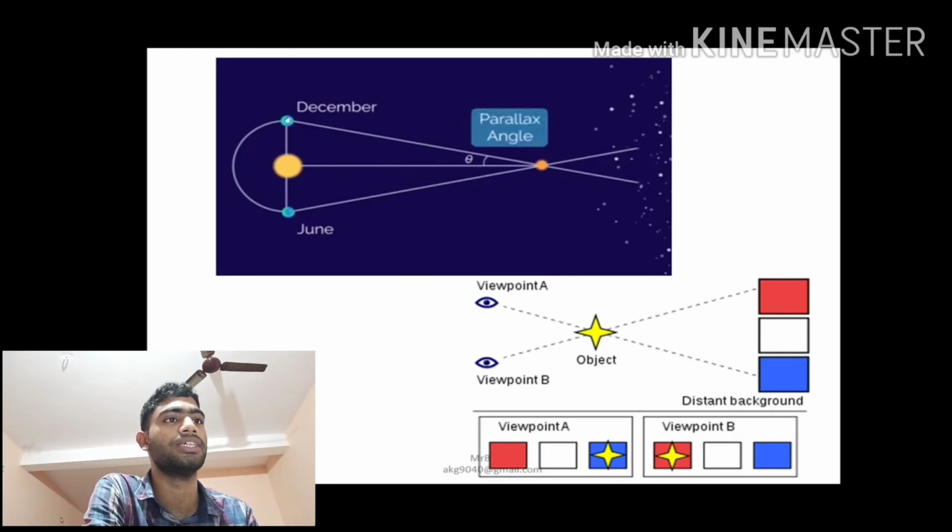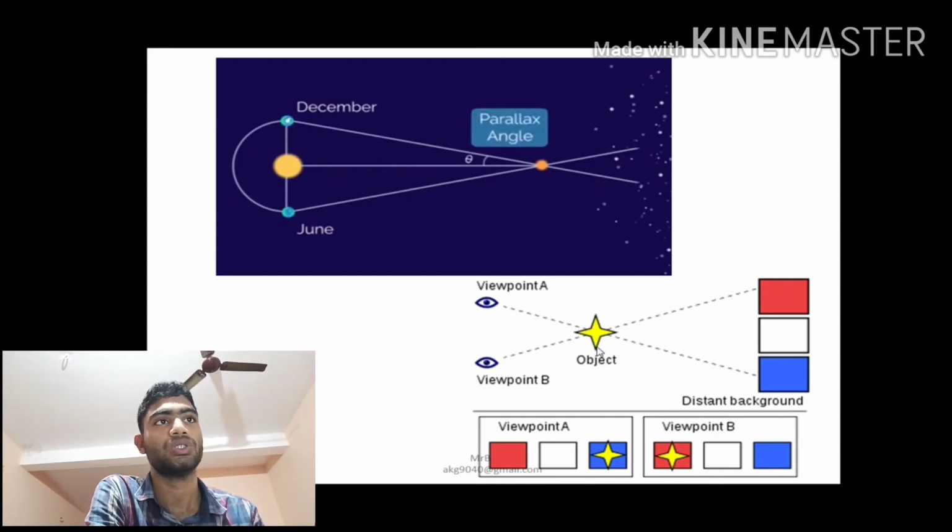Here a small example is given: when you view from the viewpoint A, you will get that the star is at the blue position, but when you view the star from the point B, you will get that the star is at a red position.